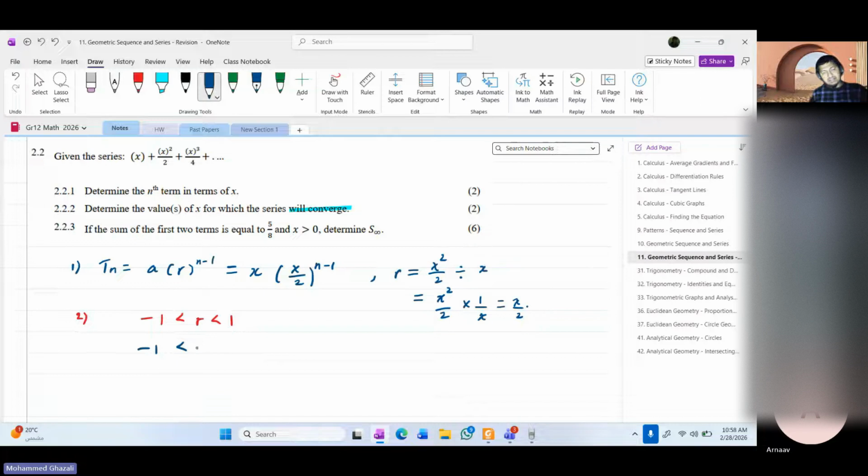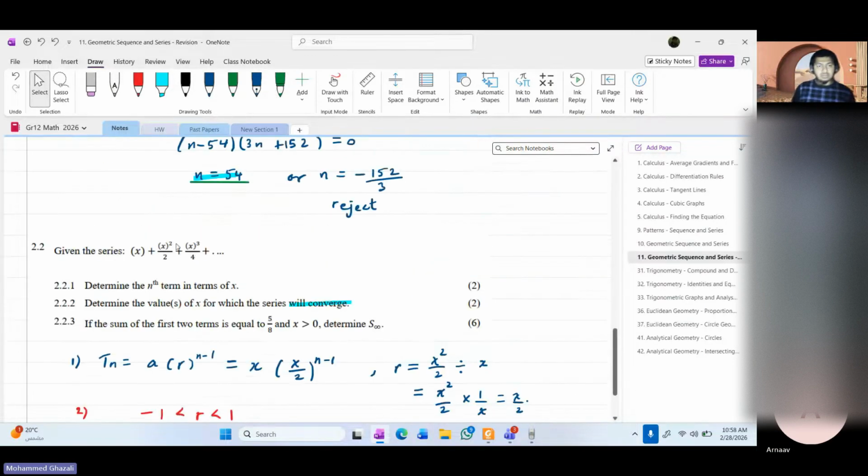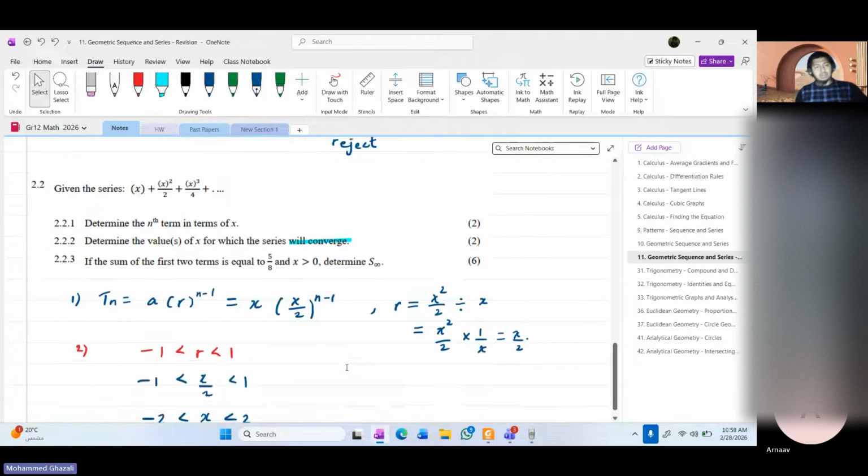And the value of r was x over 2. So now you can multiply everything by 2. So -2 to 2. So the value of x must be between -2 and 2 in order for this to converge. In other words, the numbers will get smaller and smaller and smaller.